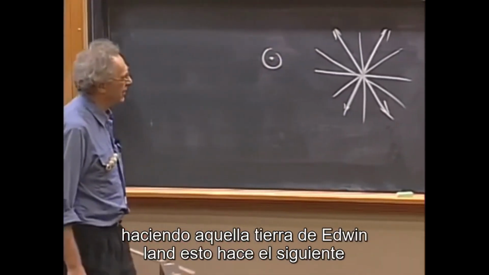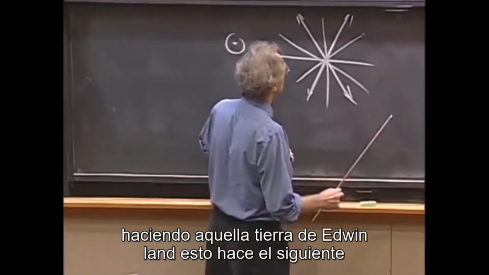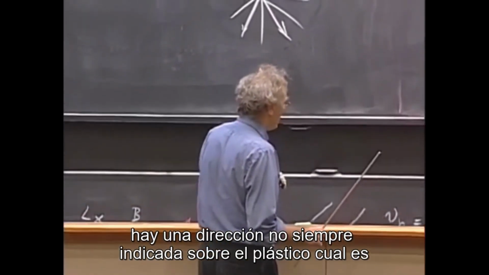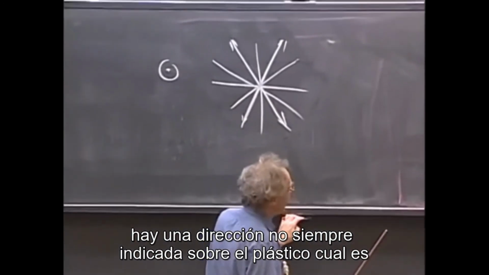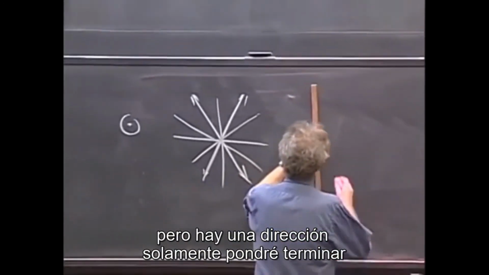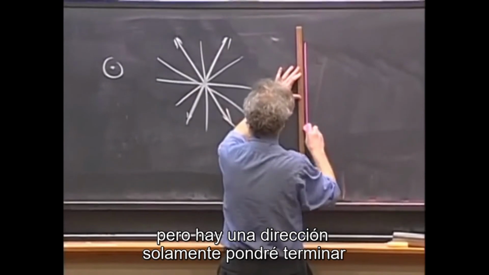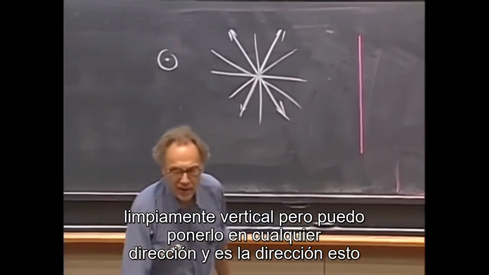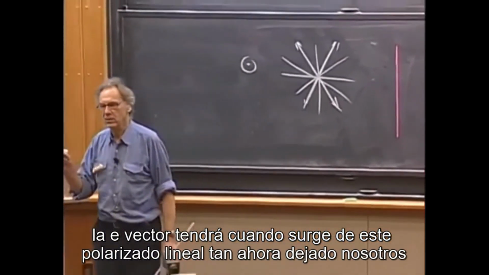Now, what is this magic piece of plastic doing that Edwin Land invented? It's doing the following. There is one direction, not always indicated on the plastic what that is, but there is one direction. I'll just put it arbitrarily vertical, but I can put it in any direction.